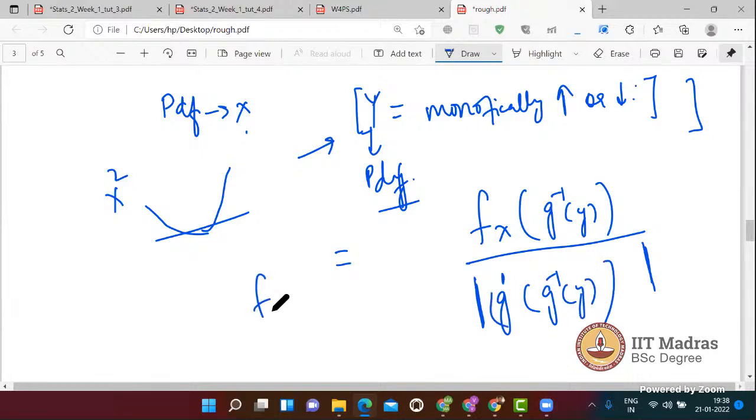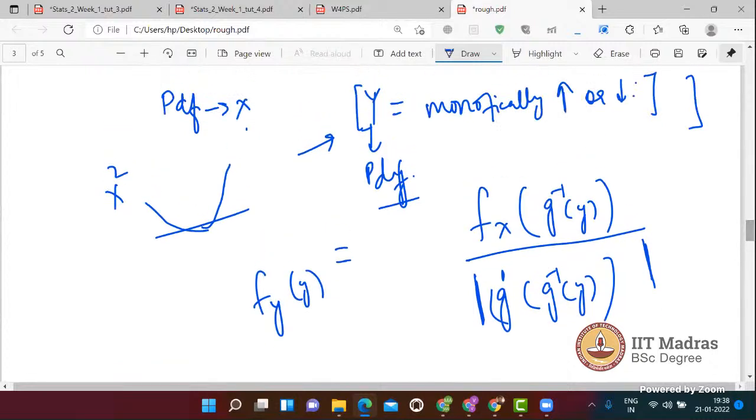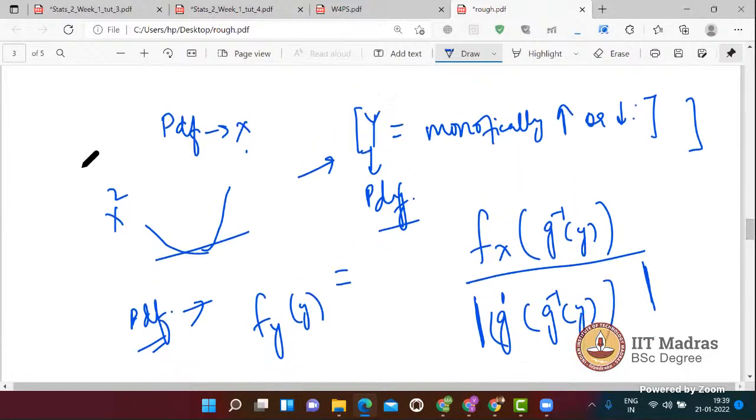Okay, so this will be the fy of y. So this is the PDF of y. Okay, so this was the example. This was the one equation we'll be getting in this 4.7.